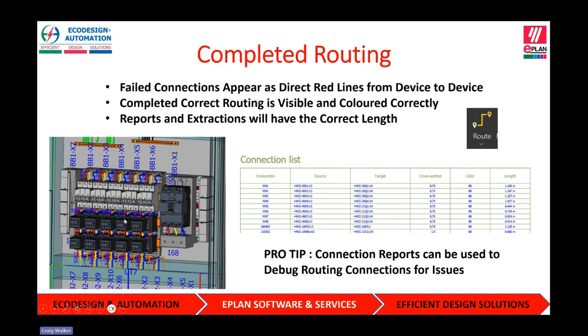This is a twin set of contactors, and I've had to put a floating routing path between them to allow it to route to that path and then to the next contactor. And it's actually taking into account wire widths as well as wire colors and representing it in the final 3D graphic. From that, you can generate your connection list, and you can see the list here with cross-section and color and the length of each wire.